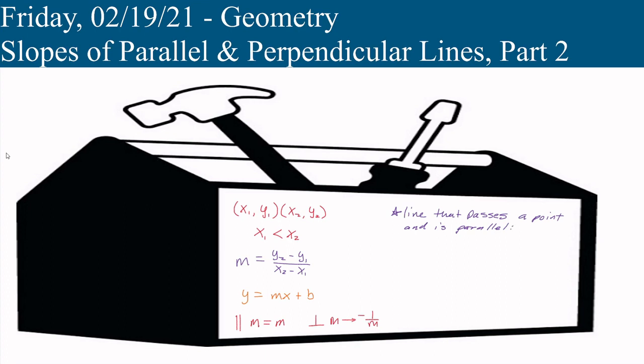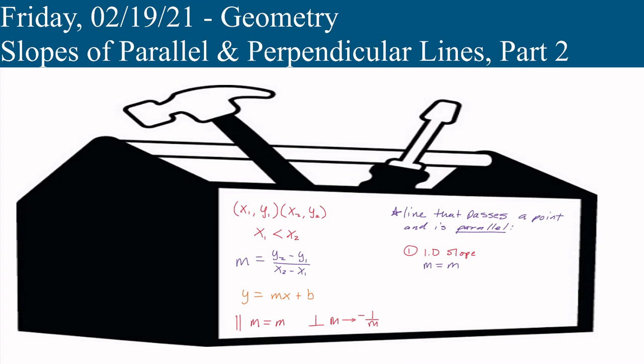You're going to first identify your slope. So I'm going to put that here. Step 1, identify your slope. For parallel, your slope is going to be that of the original line.